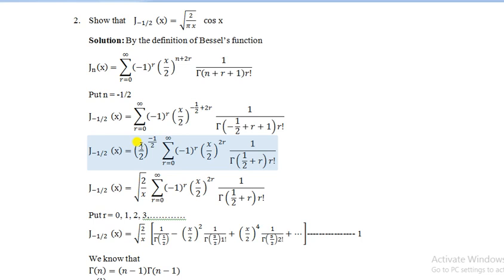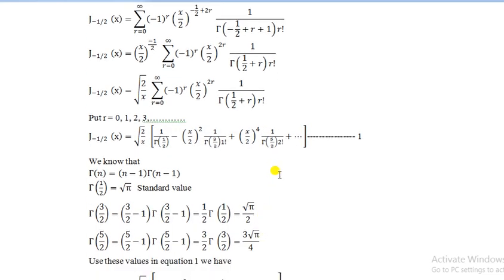So here the power is minus, therefore we will take the reciprocal here. So 1 divided by x by 2 raised to 1 by 2, which becomes square root of 2 divided by x here, and write the remaining term as it is. And here also substitute r equal to 0, 1, 2, 3, 4, etc. So r equal to 0, the first term is 1 by gamma of 1 by 2, r equal to 1, gamma of 3 by 2, r equal to 2, gamma of 5 by 2.